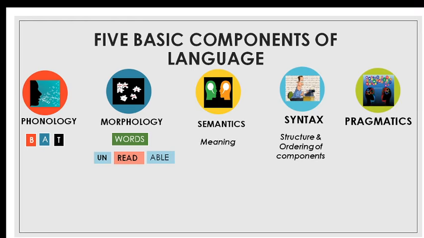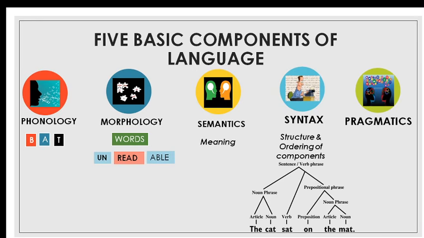So it is how we arrange words in a sentence, in a grammatical way, like objects, nouns, pronouns, and the main verb or helping verbs. This is how syntax works in a language. We use different arrangements or grammatical rules to assemble words into a sentence.